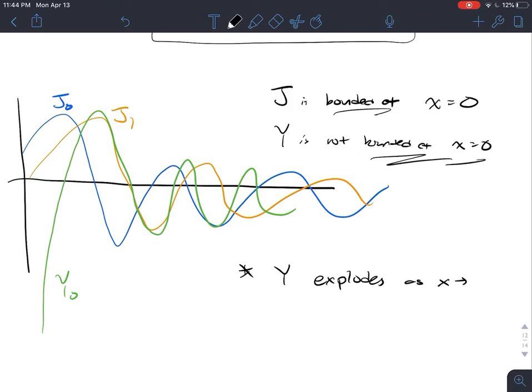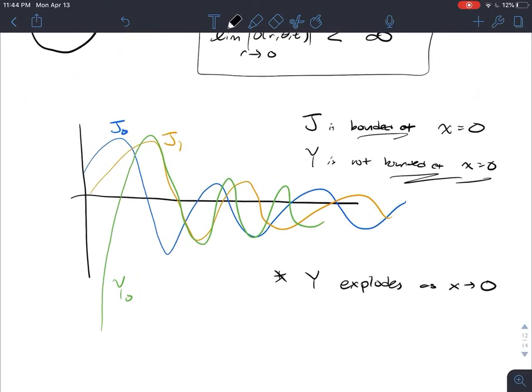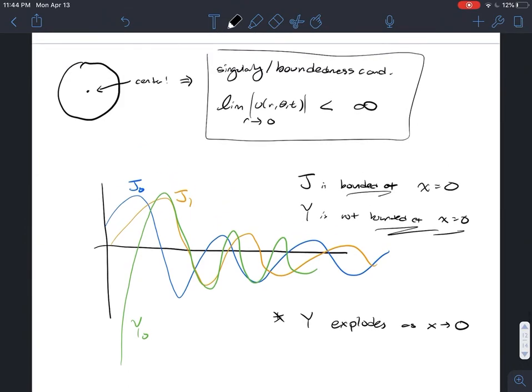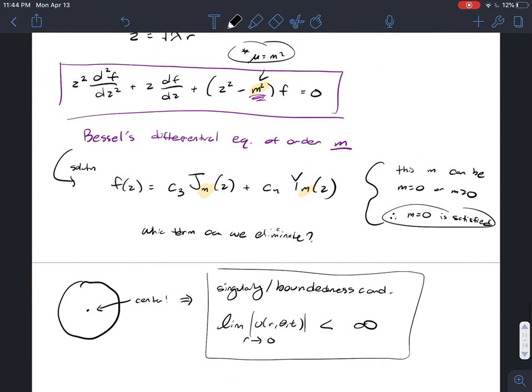So what this means is that if we think about this in terms of a circle problem and how we eliminated the natural log term or the r to the negative n term, we're going to get rid of the Y term here. And this is because as x approaches 0, Y essentially goes to infinity.